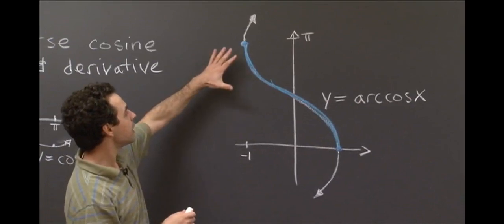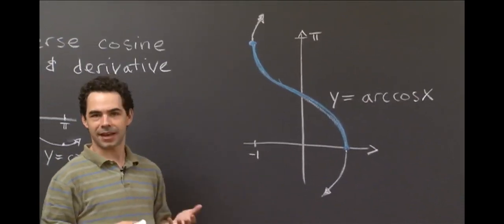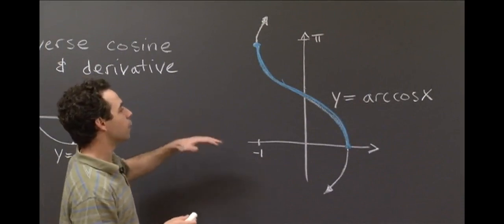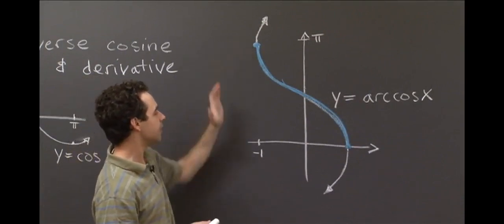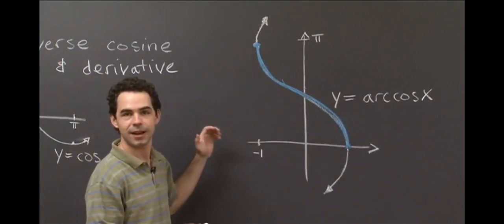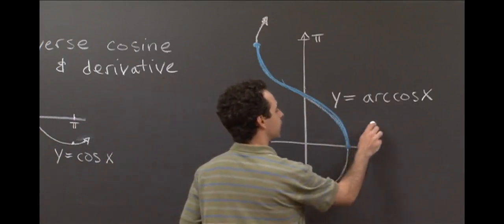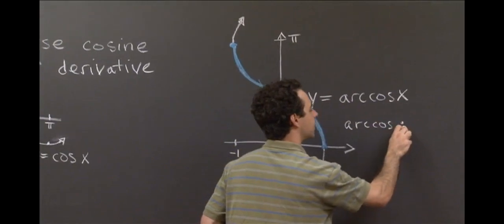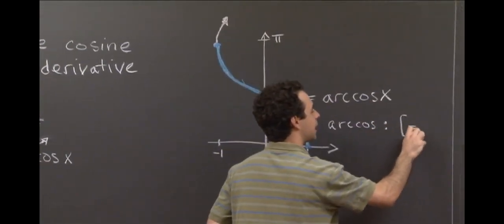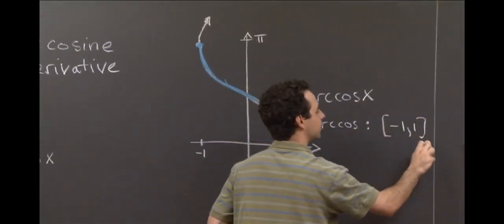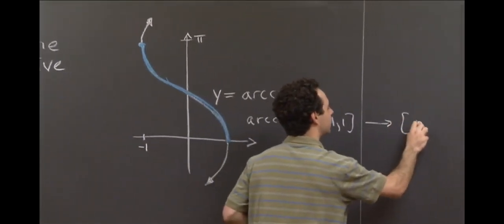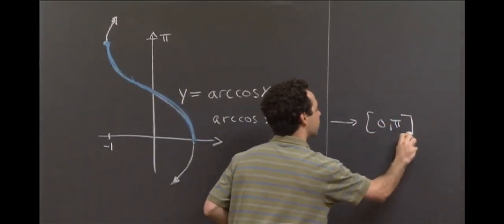And if you want, there's a notation that mathematicians use sometimes to show that we're talking about the particular arccosine function that has this as its domain and this is its range. So we sometimes write arccosine, and it takes as its domain the values between -1 and 1, and it spits out values between 0 and pi.